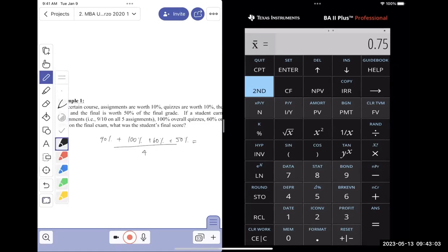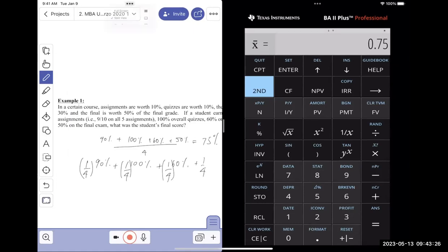So whereas this gives me 75%, what I'm doing is I'm pre-multiplying each value. I'm weighting them equally. You see that mathematically?